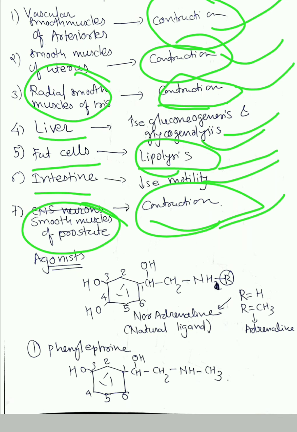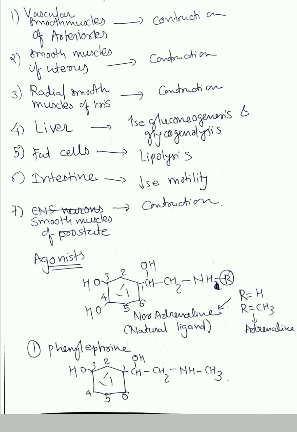So let's see agonist. Now to draw the structure of agonist, here the most difficult part of medicinal chemistry comes, that is drawing of structures of drug molecules. So I'll try to make it as easy as possible. To draw the structure of agonist of alpha 1 receptor, you need to understand that it is basically the zoline series.